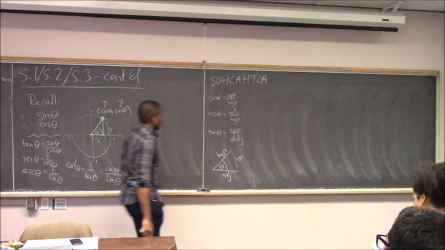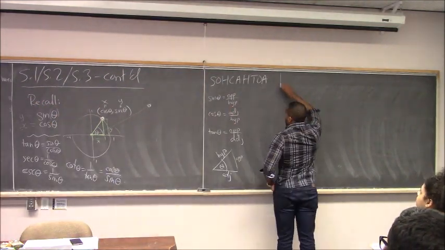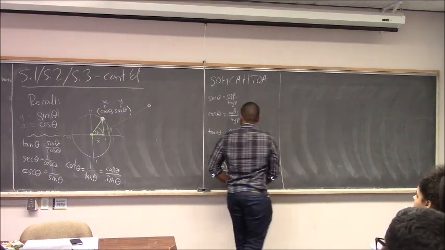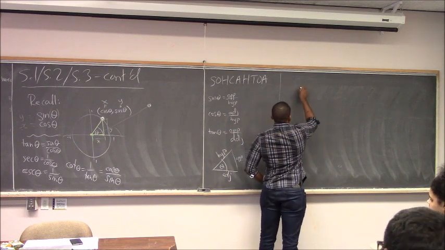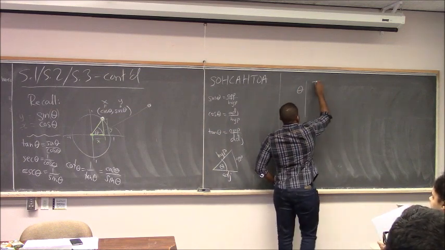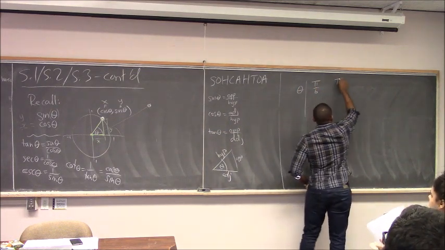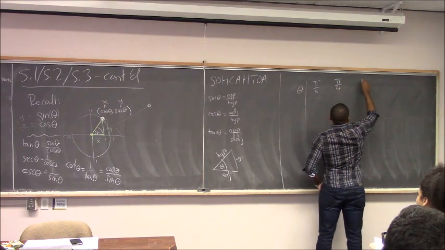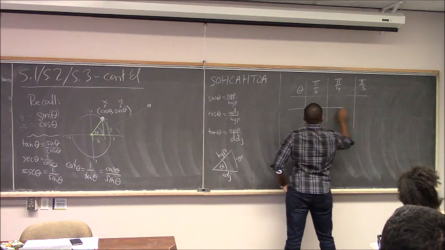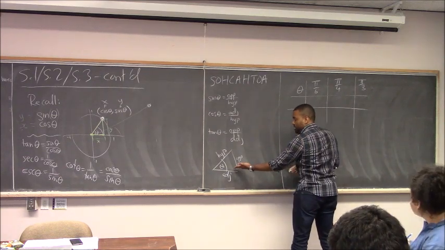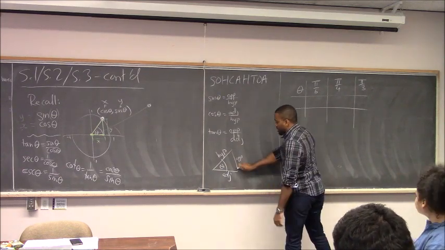And what were the special angles and what are their values? So there was pi over 6, pi over 4, and pi over 3. Right? And we could figure out what these values are. Now originally we used SOHCAHTOA with some specially crafted right triangles to figure this out.